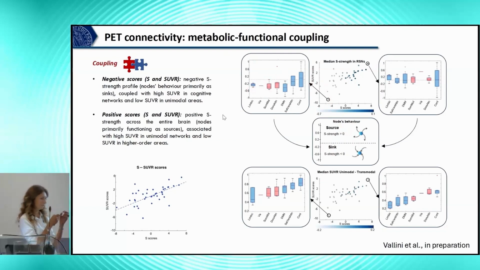And we have a sort of gradient between unimodal and transmodal networks, and the same is repeated when we order the networks by the detail of the metabolic consumption. And this is what's happening when we see an opposite subject like that one.